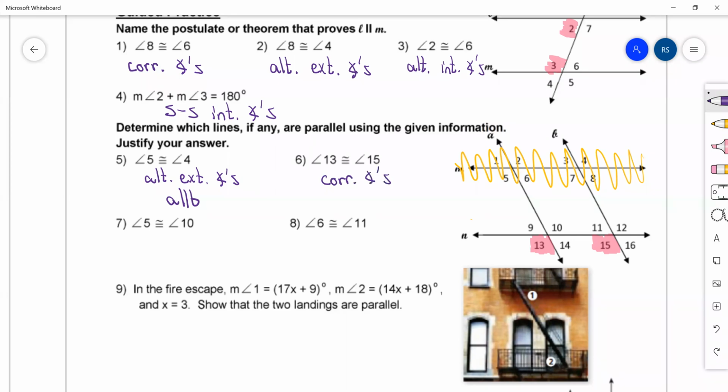And we know they're congruent, so what two lines have to be parallel? A has to be parallel to B.